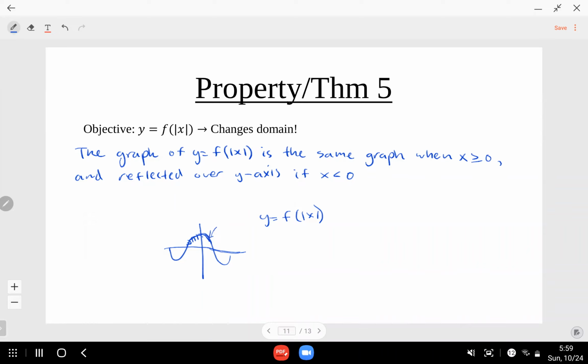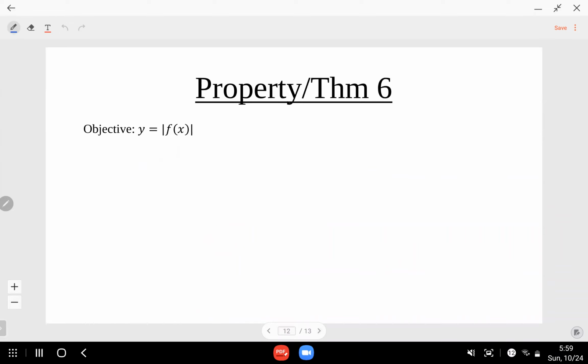Now let's look at our last theorem here. We don't have much time, so this is basically the same thing. Let's say you had a parabola, and then you had y equals the absolute value of f of x.